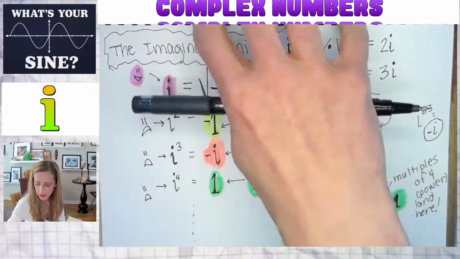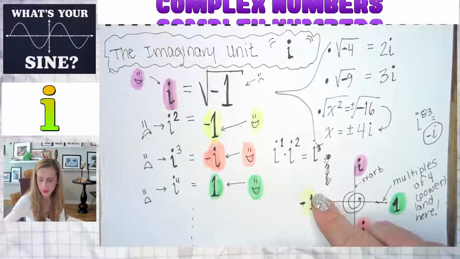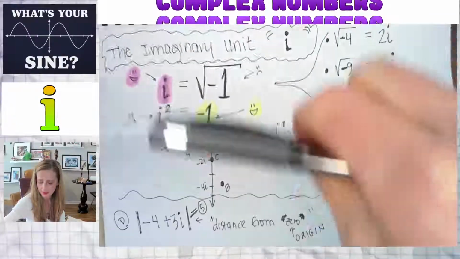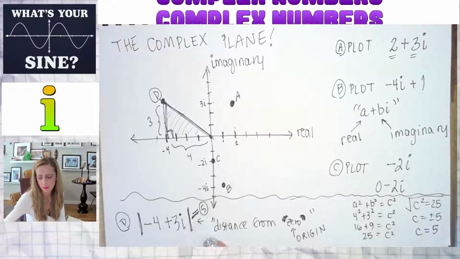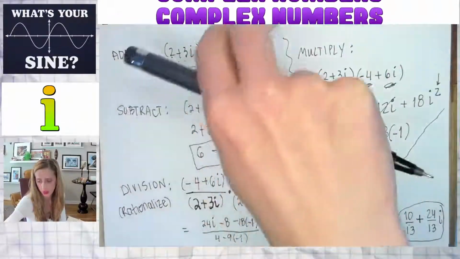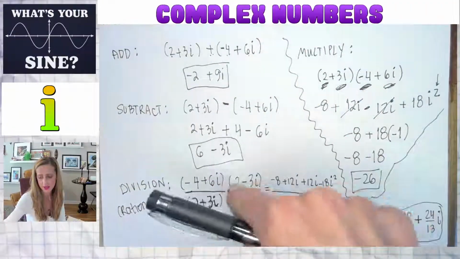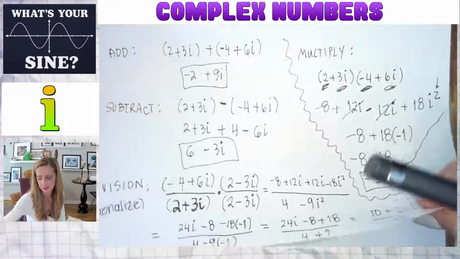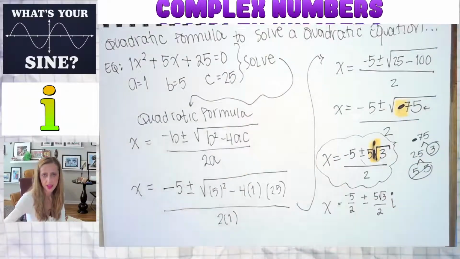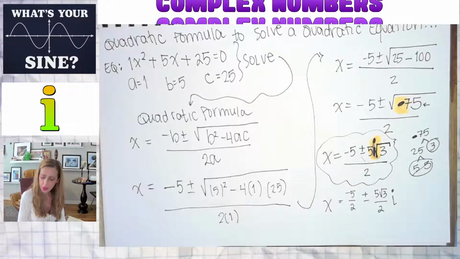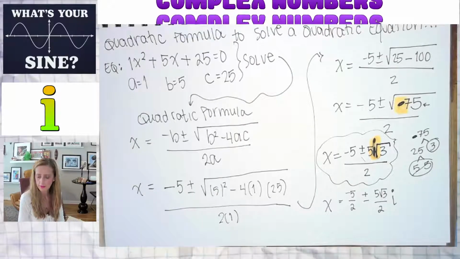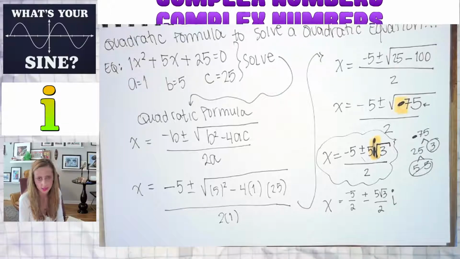I will probably give you some stuff to memorize and work out like that. I will probably ask you to plot points on the plane, find absolute value. It's going to go in the same order. I'll ask you to add, to subtract, to multiply and divide, and to solve with quadratic formula and get a negative under the radical. There's other stuff that we could still do, but that's like the main gist of everything.